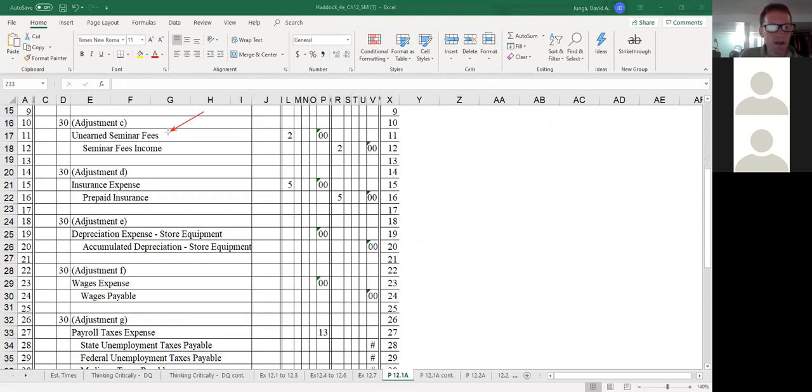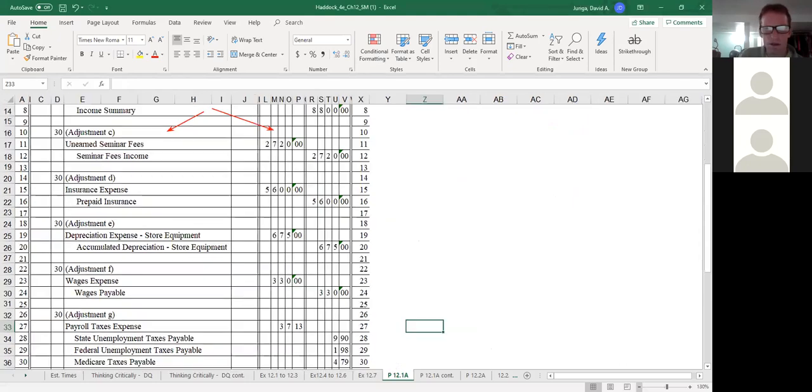Notice they debited unearned seminar fees. Let me go back so you can see the amounts. There you go. You can see the 2,720. And then notice they credited seminar fees income for 2,720.